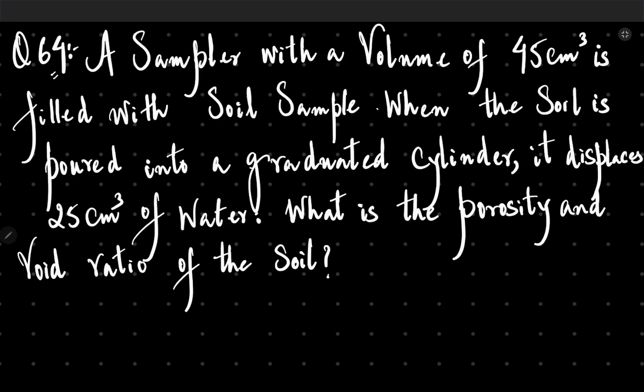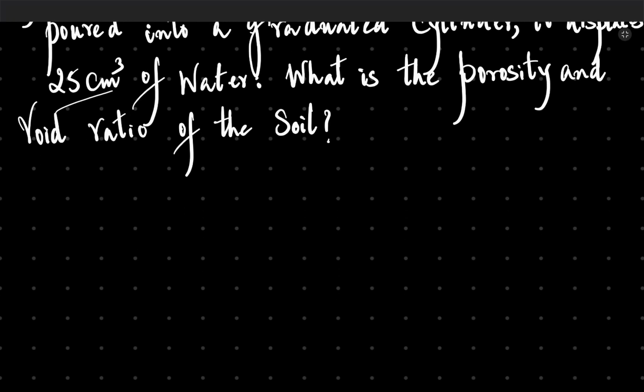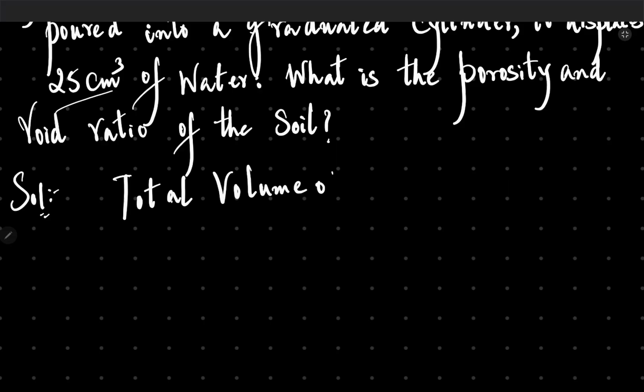A sampler with a volume of 45 centimeter cube is filled with soil sample. When the soil is poured into a graduated cylinder, it displaces 25 centimeter cube of water. What is the porosity and the void ratio of the soil? Very good question. Let's solve this. Total volume of soil sample is how much?